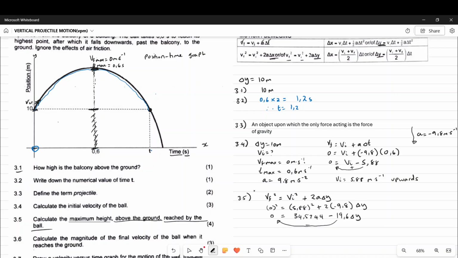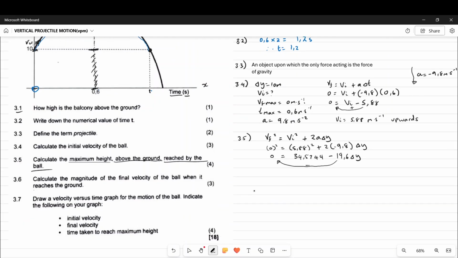Transpose that, and then it'll become positive, right? So this will become 19,6 delta y is equal to 34,5744.